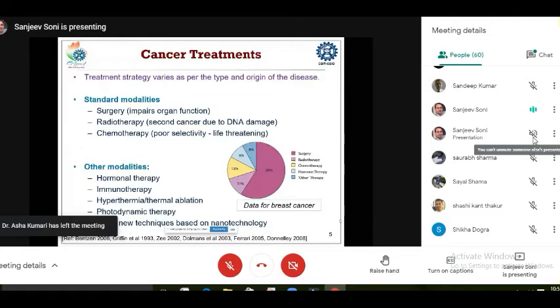So overall, the survival rate of cancer patients is very poor in India as well as worldwide. There are new techniques which have been coming up, like hormonal therapy, immunotherapy, thermal ablation, photodynamic therapy. And nowadays nanotechnology is also playing a very important role in translating newer techniques towards clinical practice.